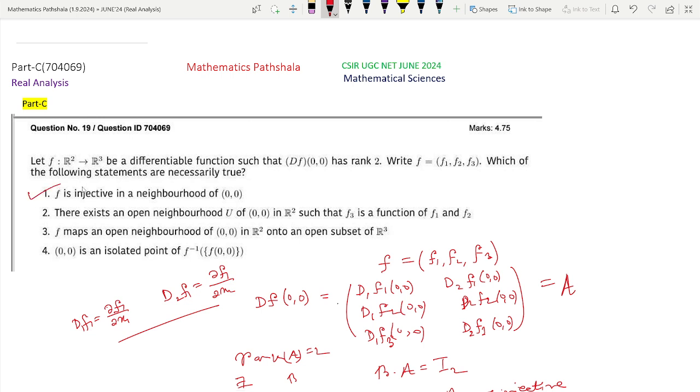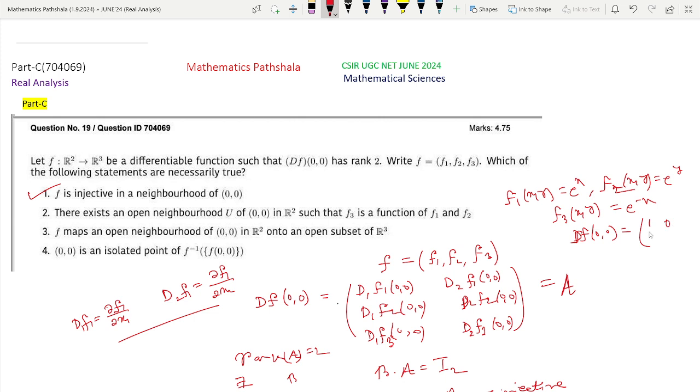Now look at option 2. Simply, suppose that f1(x,y) equals e to the power x, f2(x,y) equals e to the power y, and f3(x,y) equals e to the power minus x. Then clearly for this function the derivative map at (0,0) will be this.